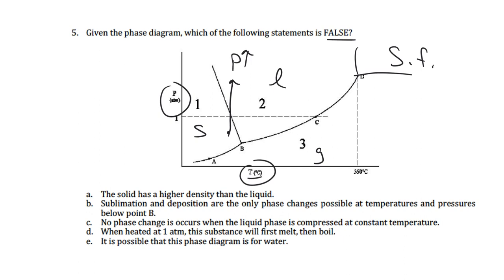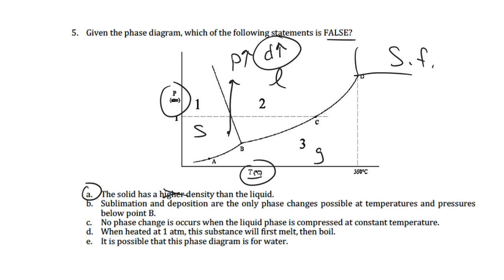So by pressing the solid molecules closer together, that's increasing the density. When we increase the density, all of a sudden the substance becomes a liquid. And so when that substance becomes a liquid, then the liquid has the greater density. And so the solid does not have the higher density. The liquid has the higher density because I pressurized the solid and it became a liquid. Okay. And so that should be the false statement. And let's go through the other statements and try to see that they're true.